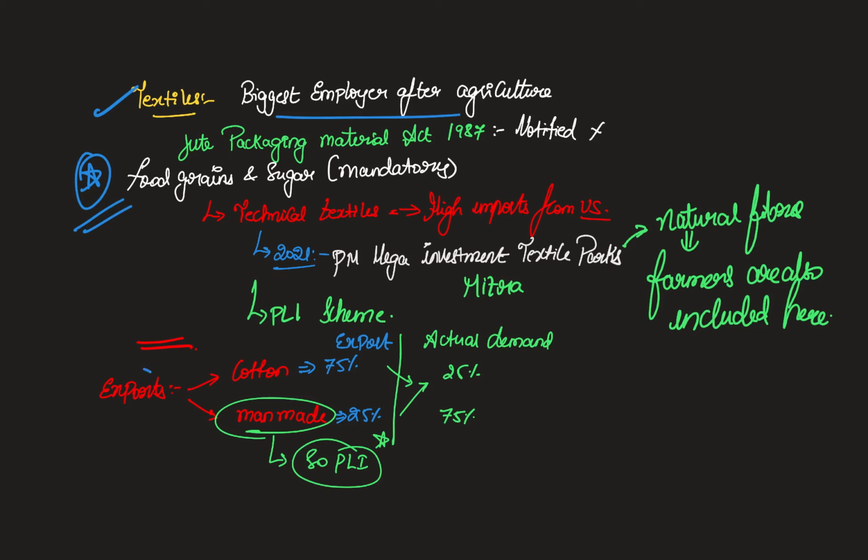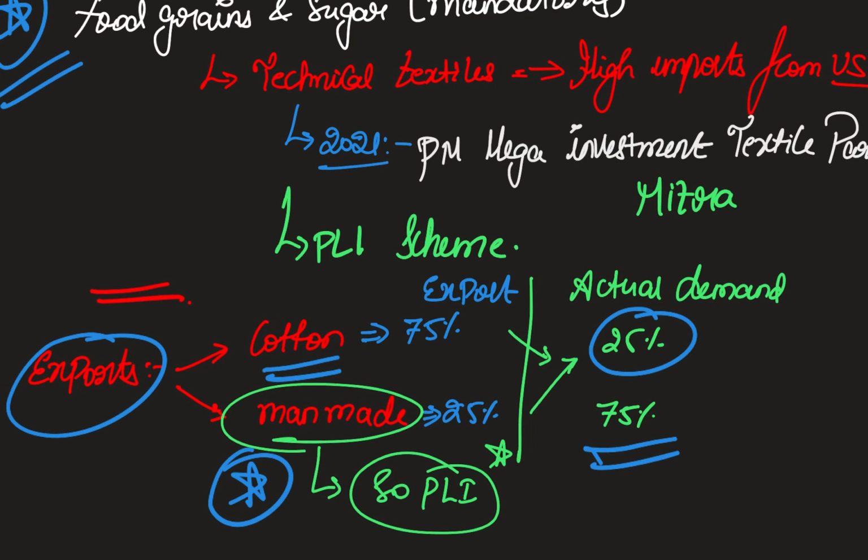For example, at a global level, if you take a look at exports, cotton demand is just 25% of the total textile demand, but when you're talking about man made fibers, it is 75%. But if you take a look at the basket of goods, cotton exports from India constitute 75%, and man made is just 25%, which means that we are not in sync with the market.